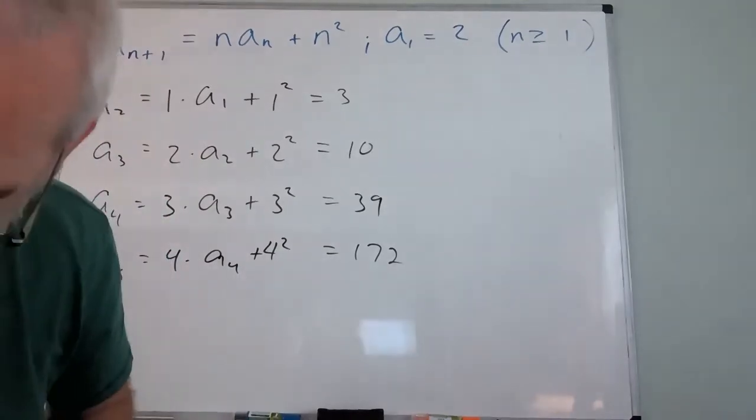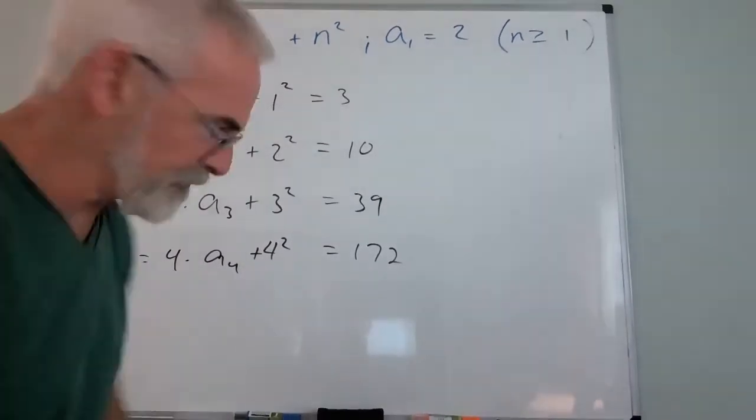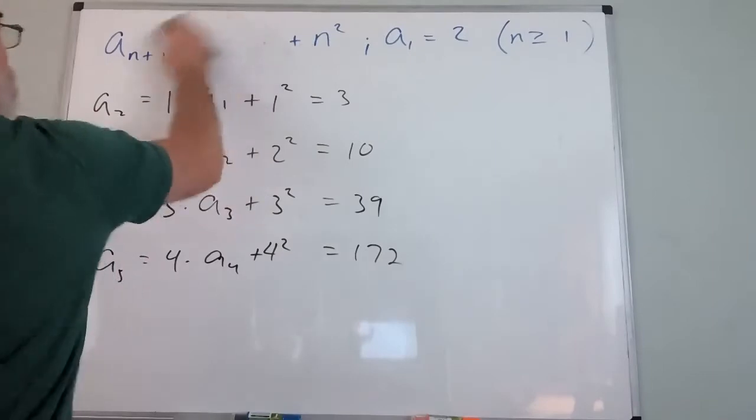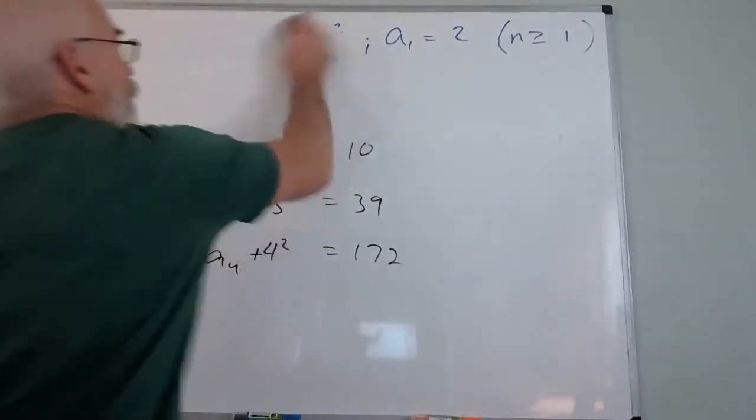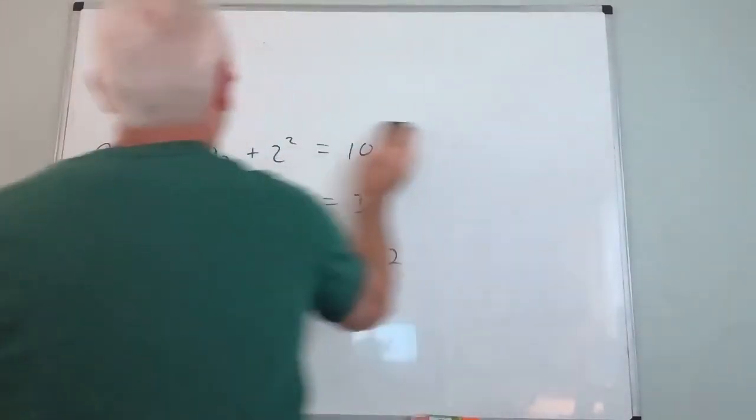It's just the how to find the final result part. Now let's do one maybe a little bit more complicated. Let's do one where the recursion involves more than one.